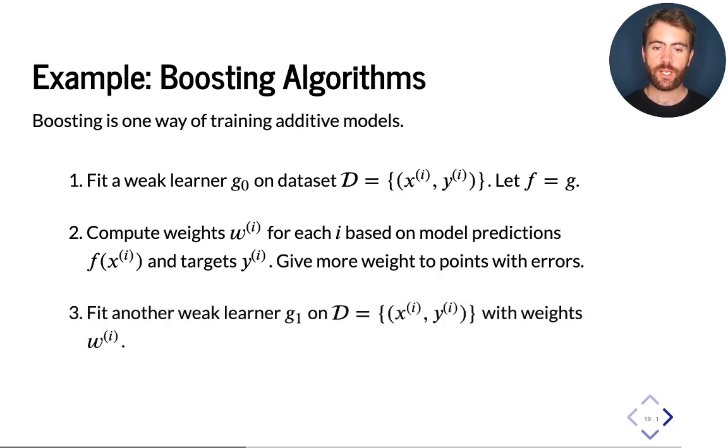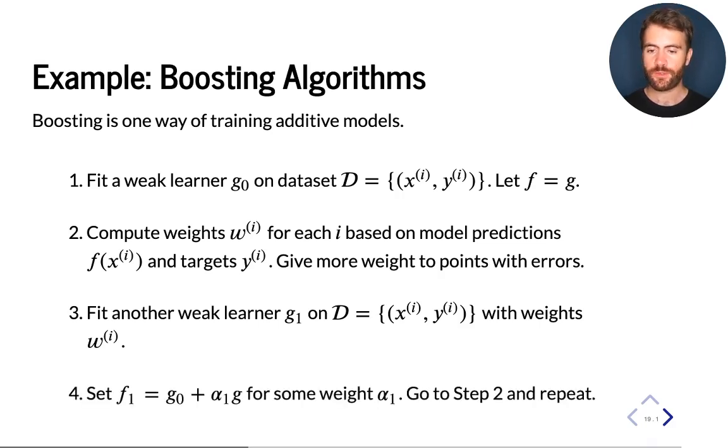We train a new weak learner on the data set using these weights, and so the weak learner will prioritize the points where the previous model has made errors. Then we add it to our ensemble and we repeat this procedure. This is one way of training additive models.